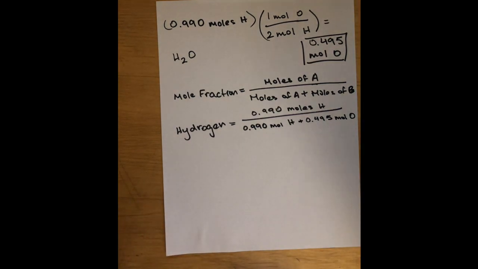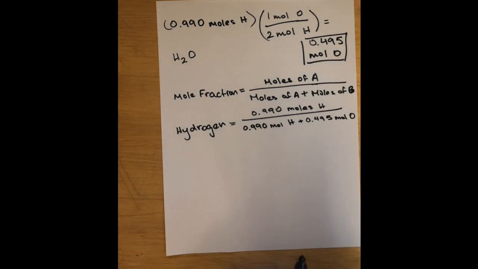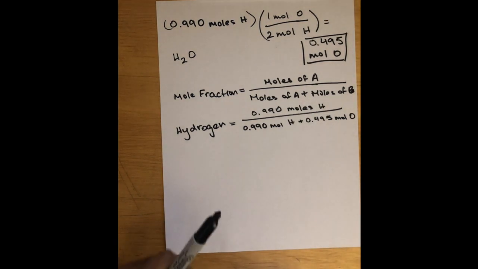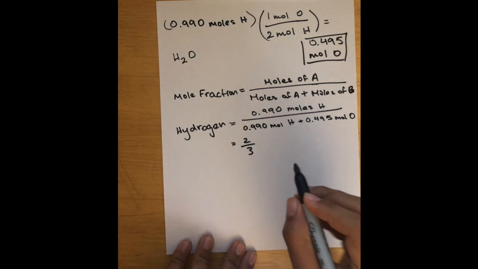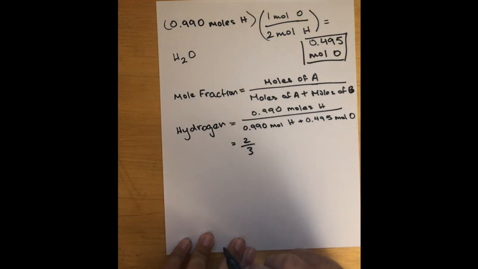So now it's just going to be simple addition and then division. So when we calculate that out, we'll get the relatively predictable quantity of 2/3, which we could see from our addition.